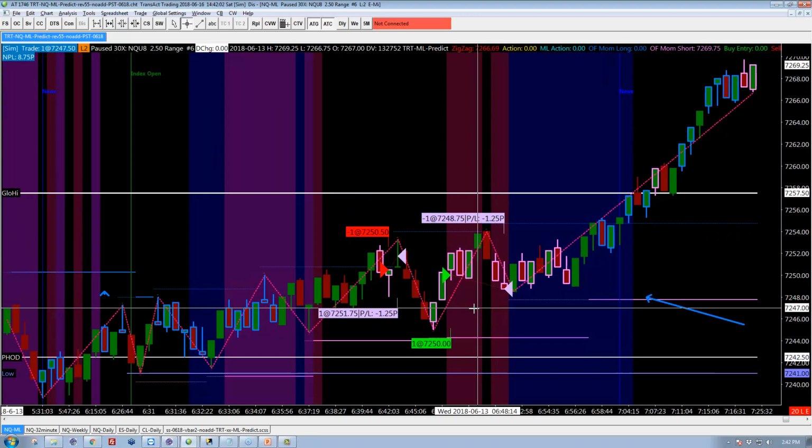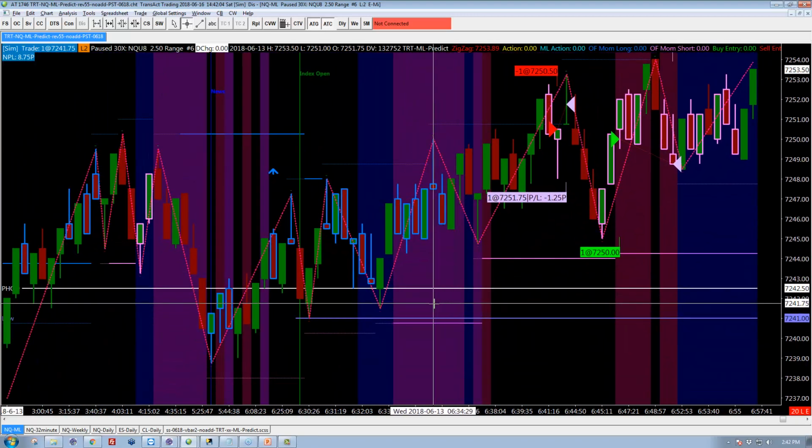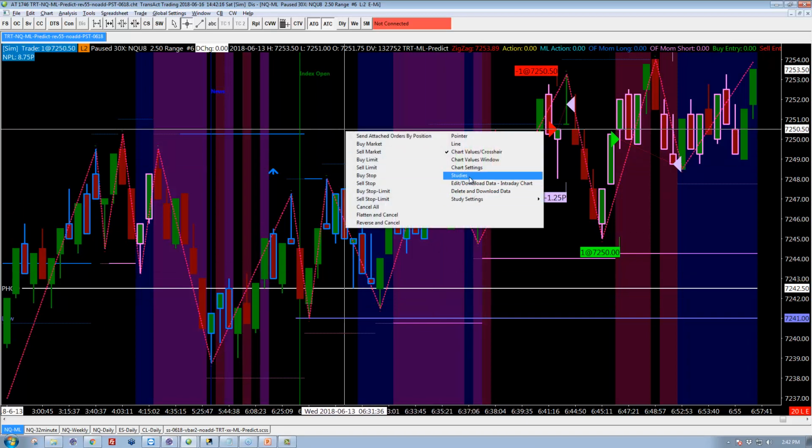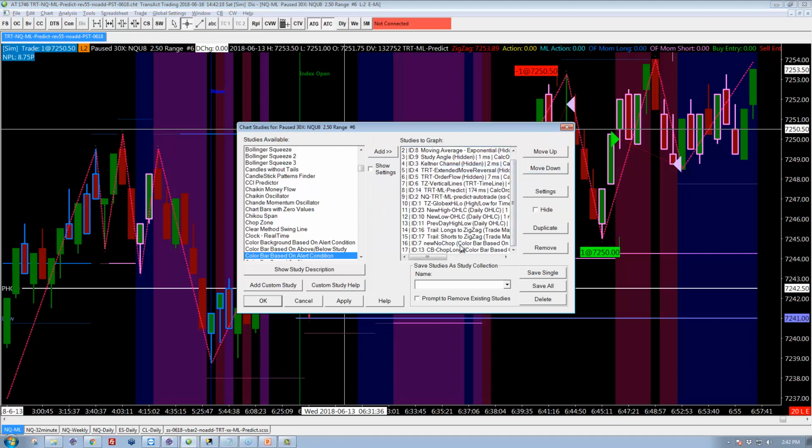And the idea is that if you trail by a larger amount and then trail to the zigzag, you can keep yourself in moves better. And so that study is here. It's called trail shorts to zigzag and longs to zigzag. Okay, there it's at the bottom.